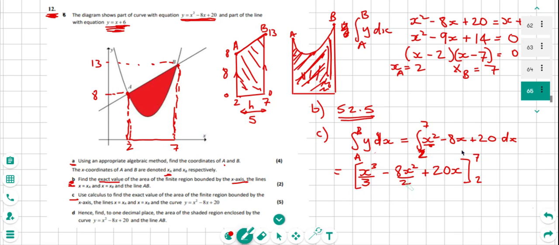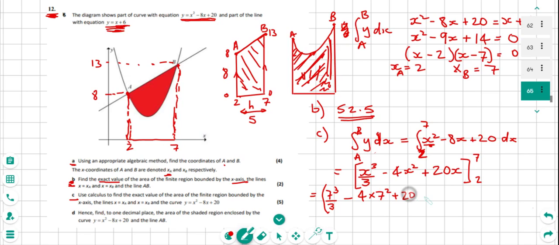So if we do that, first of all, I could just tidy this up so we can make this just 4x squared. So 8 over 2 is 4. So we're writing it on a new line there. And so if I substitute in, then what I'm going to get is 7 cubed over 3. I'm going to open a bracket here. Minus 4 times 7 squared.